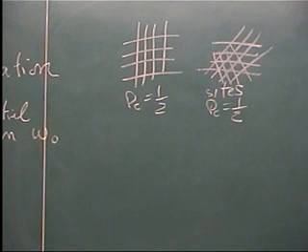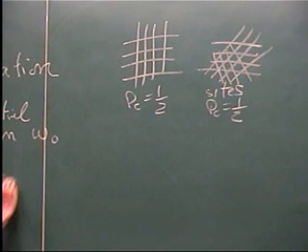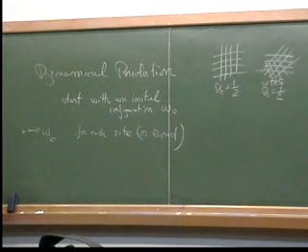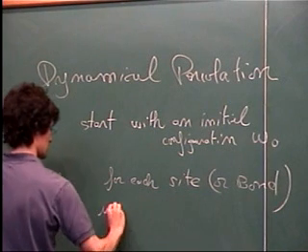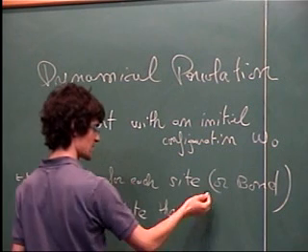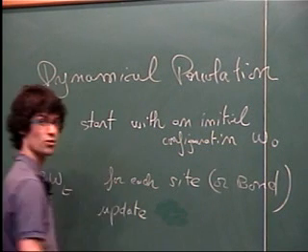Dynamical percolation, you start with some critical configuration, and then you let the configuration evolve with time. And what you do is that for each site, or bond, you update the site or bond according to a Poisson process of rate 1.